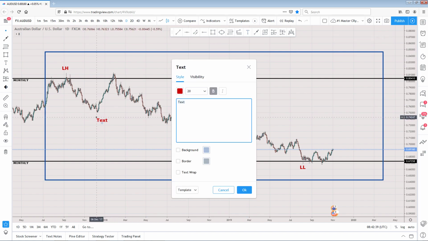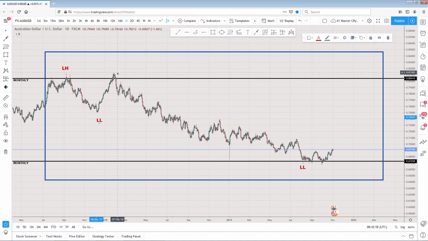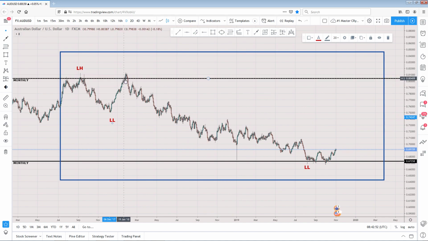So we'll call this a lower low. Let's just call it a lower low. This here, see how it tried to break above this point, but let's just call it a lower high for simplicity. It was like a failed breakout.